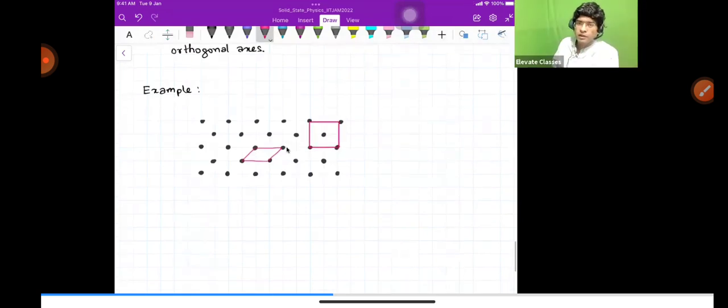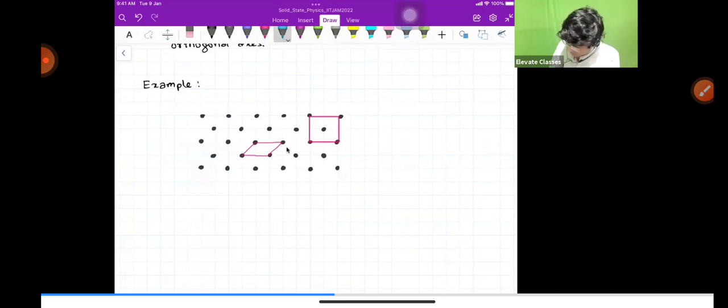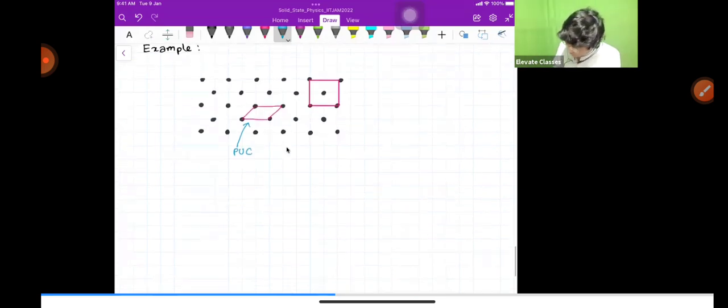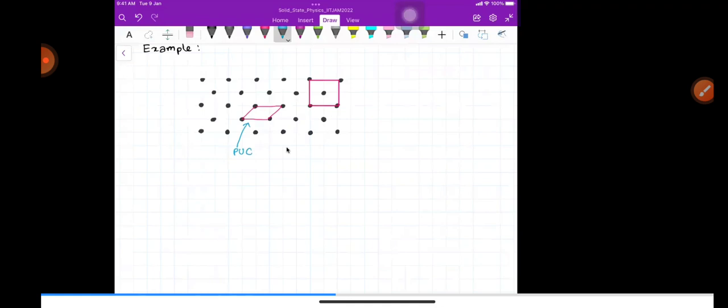Now tell me which one is a primitive unit cell and which one could be used as a conventional unit cell. Now this one is a PUC, right? Why? In this you can see the contribution.